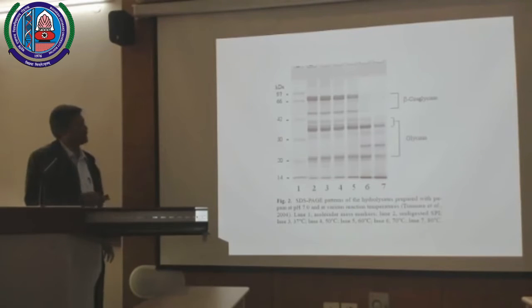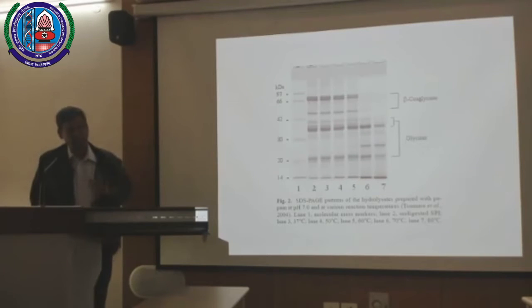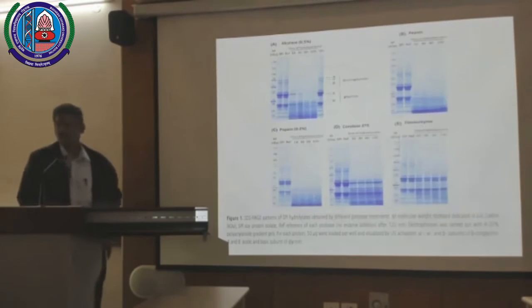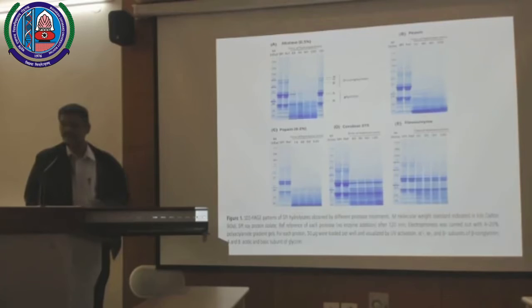You can see as the temperature increases to 80 degrees, you can see higher molecular weight species. It means temperature also has an effect. We have been talking about the effect of pH, temperature, then pressure. I'm not talking about pressure here. People have produced products using high pressure processing. It's another area. So this temperature is the temperature at which hydrolysis is carried out. This is the range of temperature, we use 50 and 60.